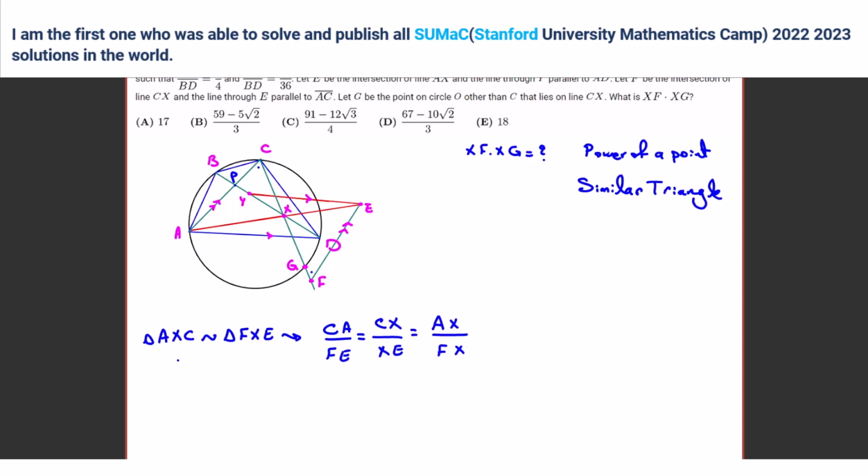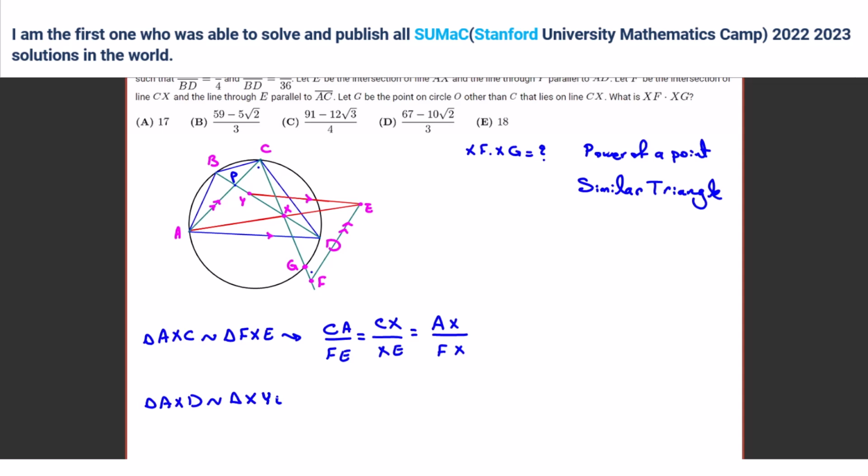What is the next similar triangle that we can write? Triangle AXD is similar to triangle EXY, right? Is that the right order?